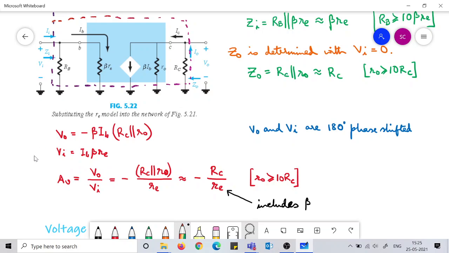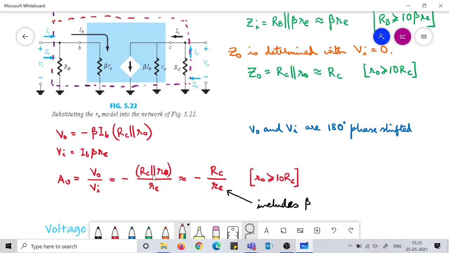When you see the other problems, other configurations, you will see the same repeating pattern of how we solve the network. So V0 and Vi we have obtained, and AV is simply V0 by Vi, and when you do that, by approximation that R0 is much greater than RC, you simply get minus RC by RE.